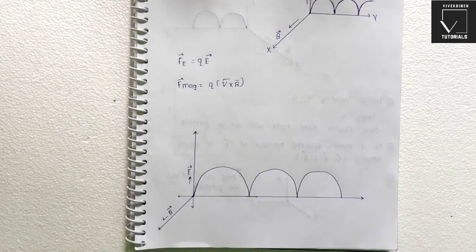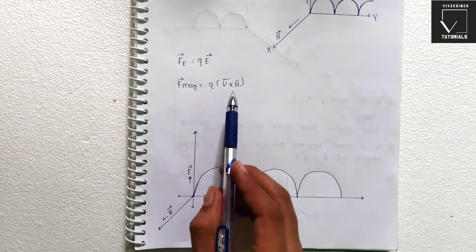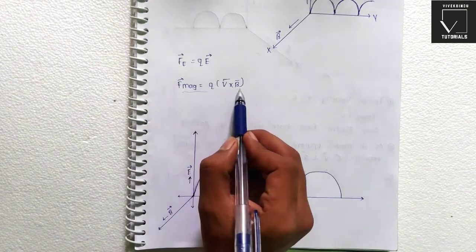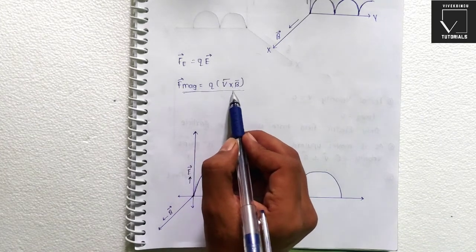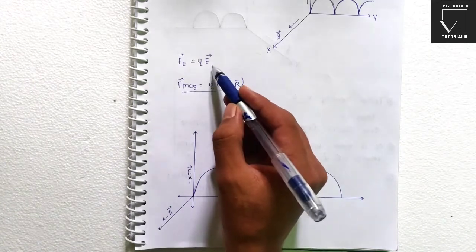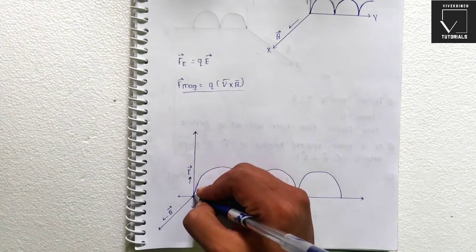When a particle is initially at rest, its velocity will be 0 and only the electric field will act on it. We can see from this formula, initially velocity is 0, so this term will be 0. Therefore there will be no magnetic force acting on that particle, only the electric field force will act on it, and the direction of motion will be upward.